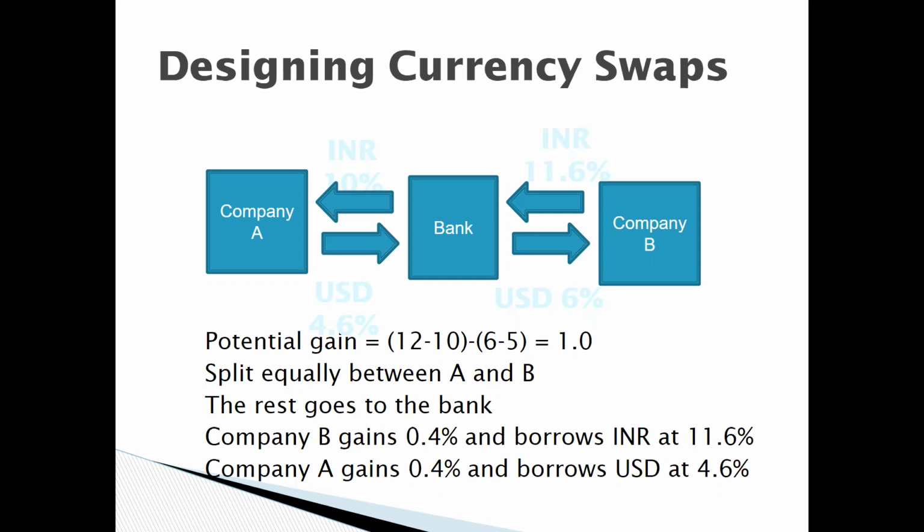So the 0.4 margin will be given to each company and they will lower their rates by that much. Is that clear, students? Same concept as before. Yes, students? Yes, sir.